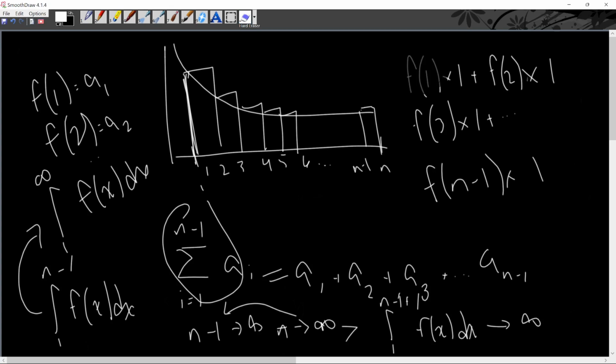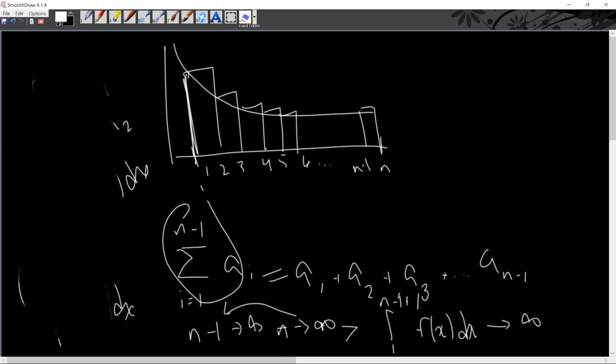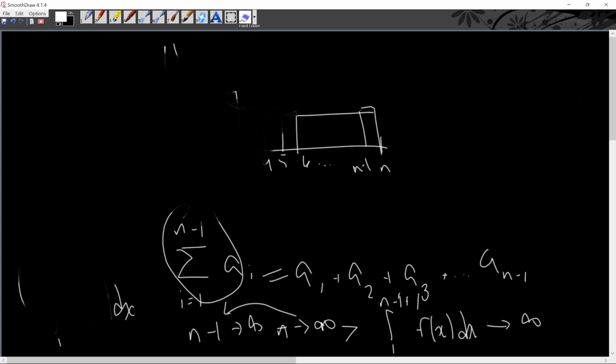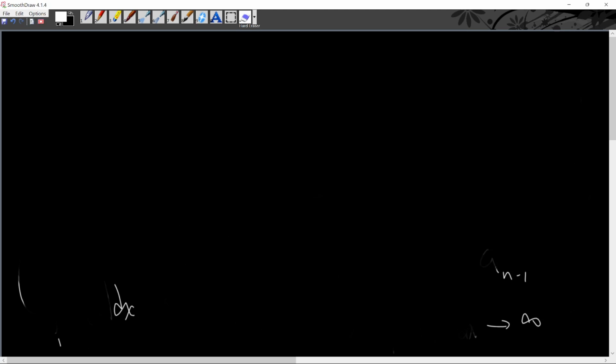You might not see it, but if you want to digest what just happened, just think of it as if the function is convergent, that means that you're going to have an underestimate of the series, right?